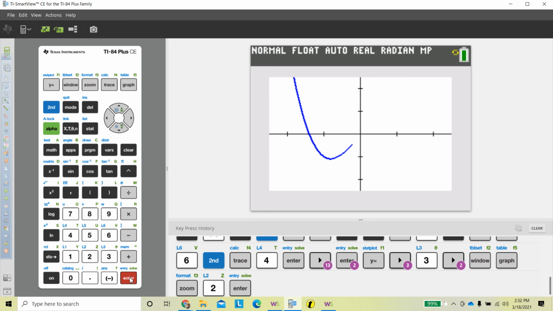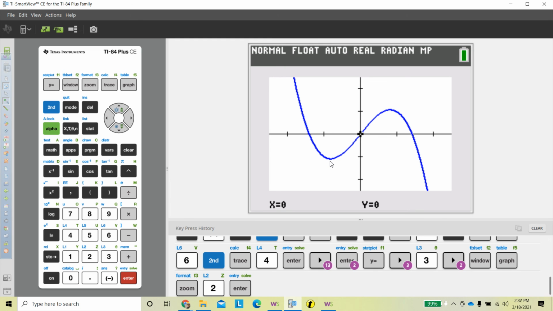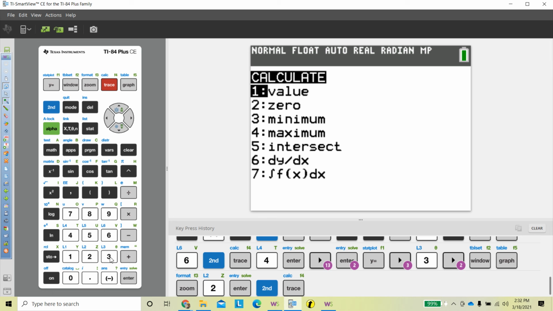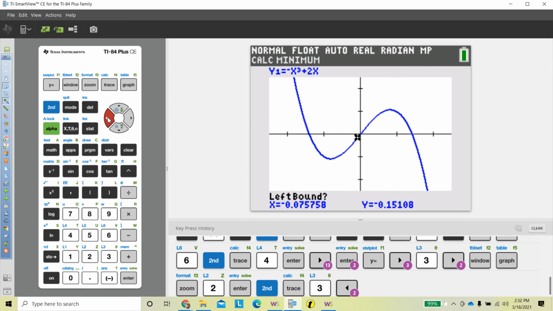And then second trace, min, to get this minimum here. So we get negative 0.8 and negative 1.1, rounded to tenths. Negative 0.8, negative 1.1.